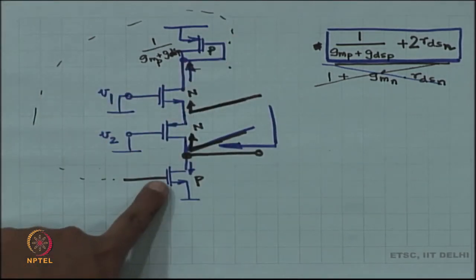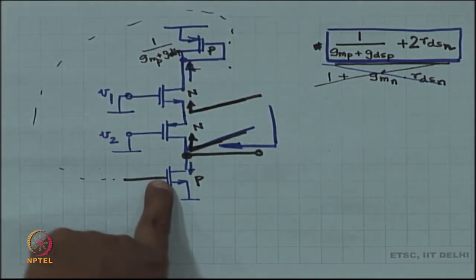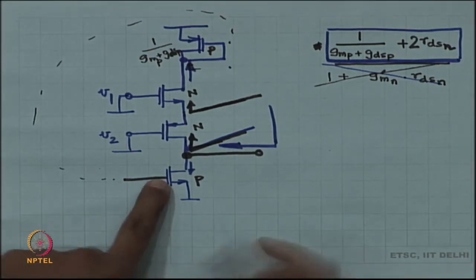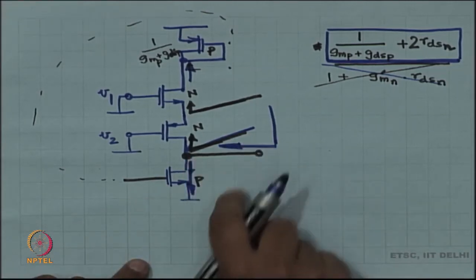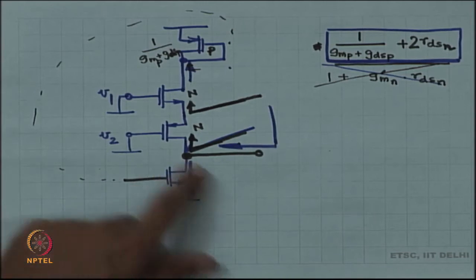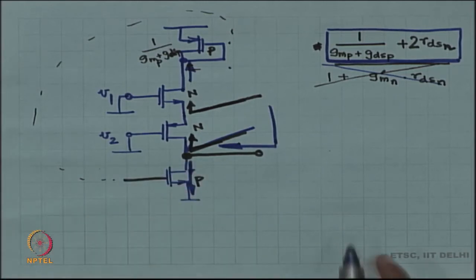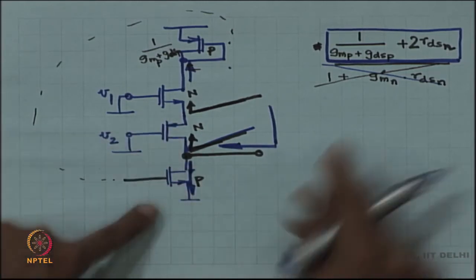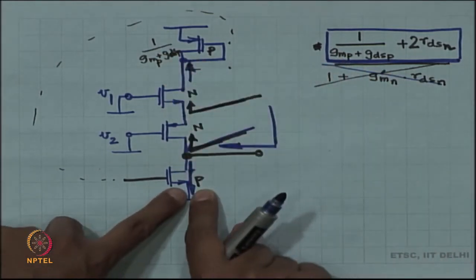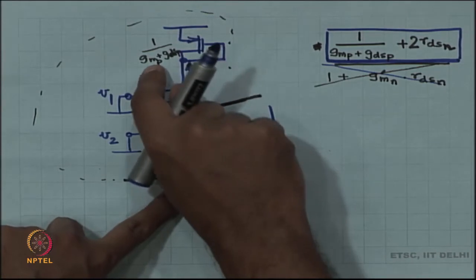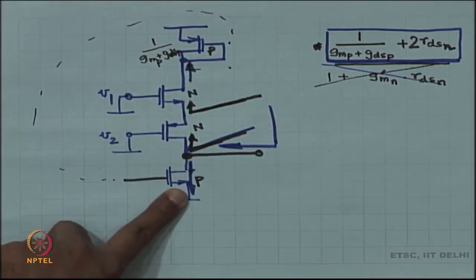The same potential is going to be applied onto this MOSFET, all right, and therefore, remember there is also RDS of this PMOS, this current is going to be the same current times this GM divided by GMP plus GDSP, all right.